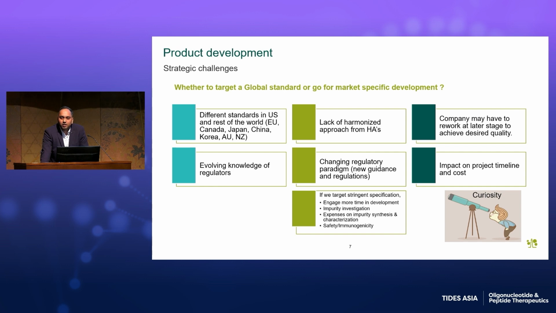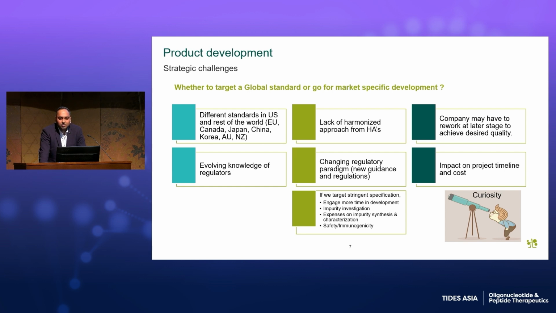If we are embarking on a journey to develop a product with the 0.5% specification considering the EMA requirement, and it's a long process, right? It will take several years, and after some time, your business development team says that you need to go for the US standard. In that case, you will again have to do the rework.